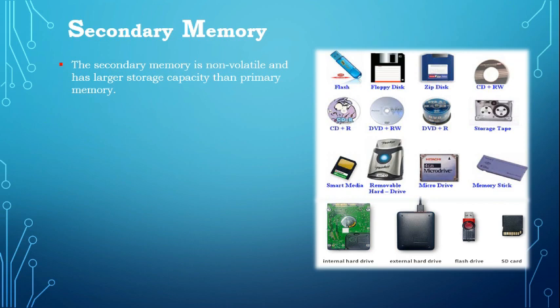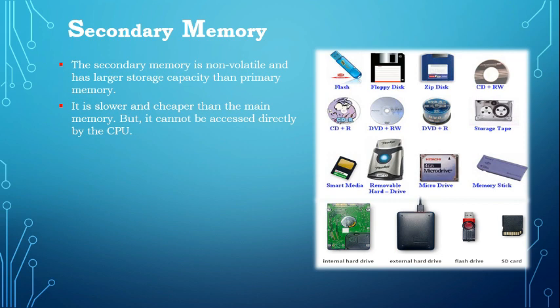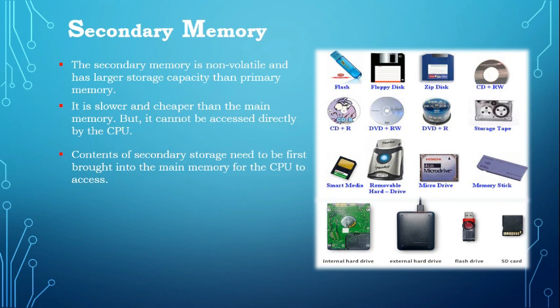So we can say a secondary memory is non-volatile and has larger storage capacity than the primary memory. And second, it is slower and cheaper than the main memory, and it cannot be accessed directly by the CPU. The contents of the secondary storage need to be first brought into the main memory for the CPU to access.